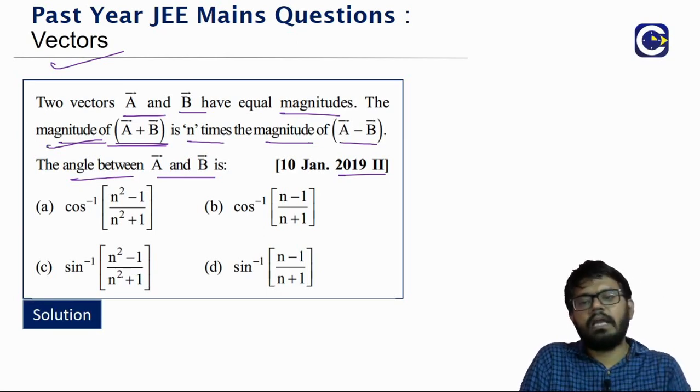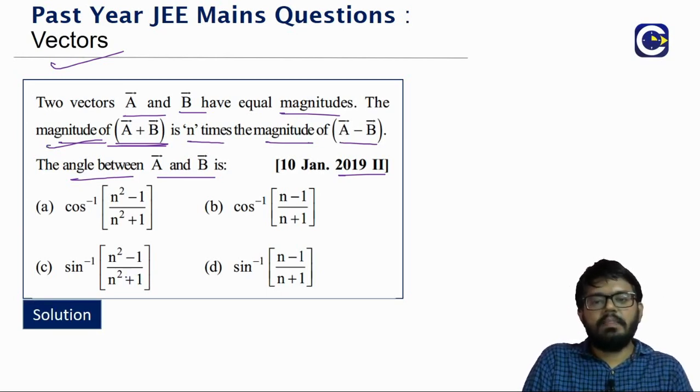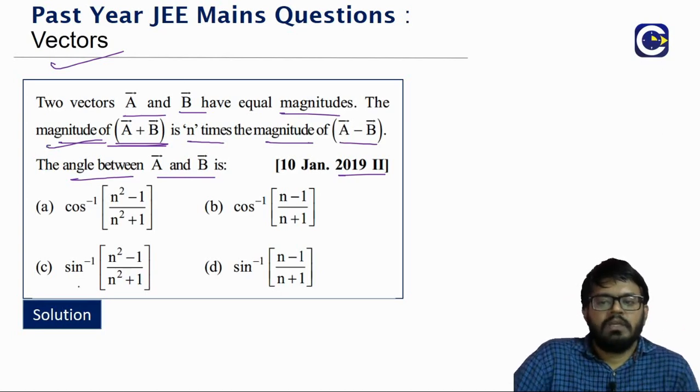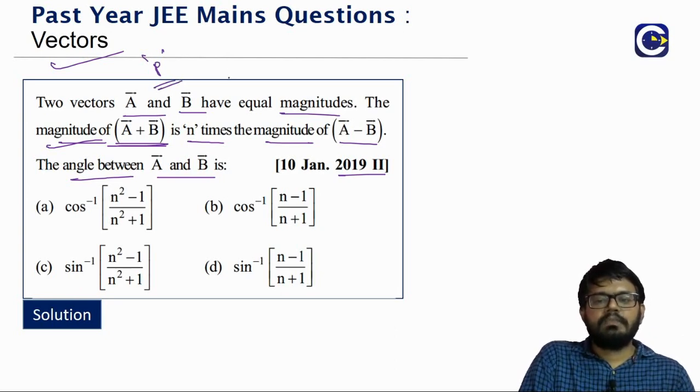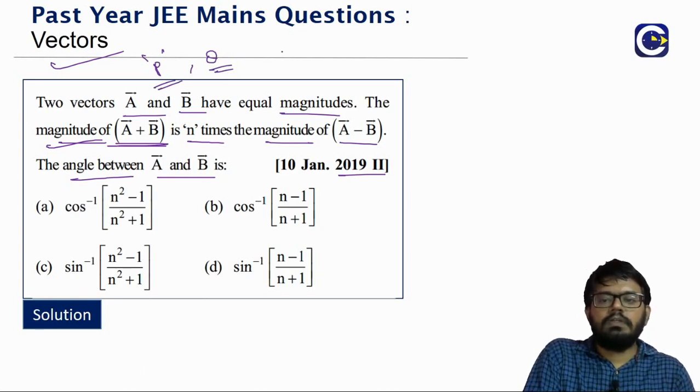If both of them are having the same magnitude, let us say the magnitude is P, and let's say the angle between them is theta, which means what? The mod of A will be equal to P, same way mod of B also will be equal to what? P.